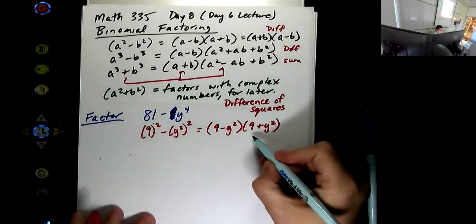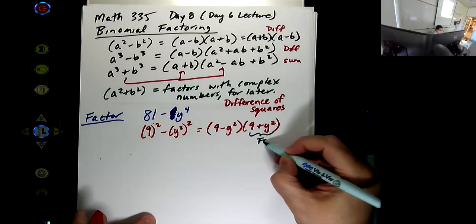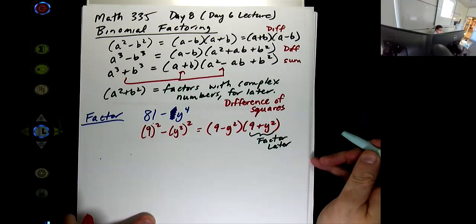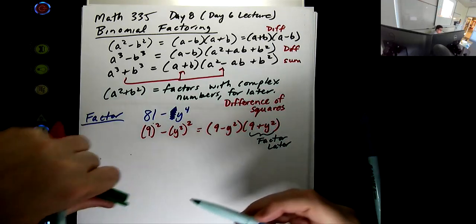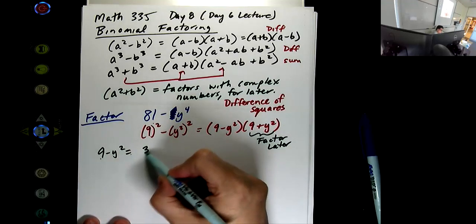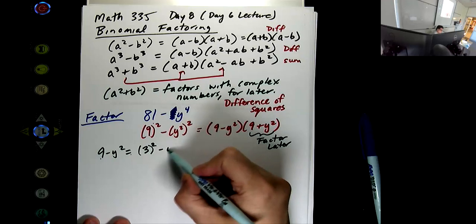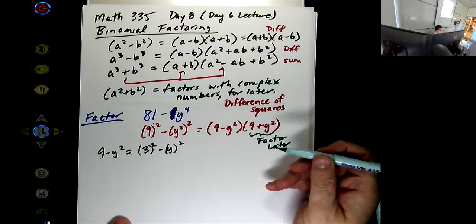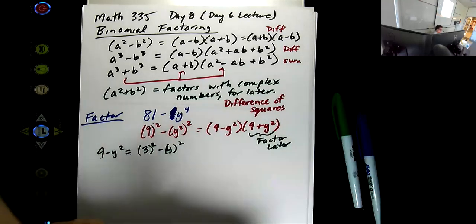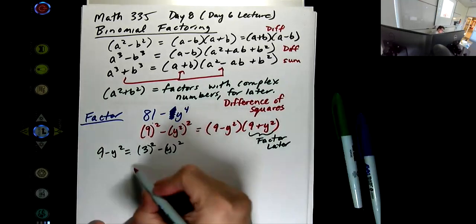This has got a plus. This will factor later. But the first one is actually 2 different things squared. 9 minus y squared is 3 squared minus y squared. So that one breaks down more also. Look at this sneaky one.